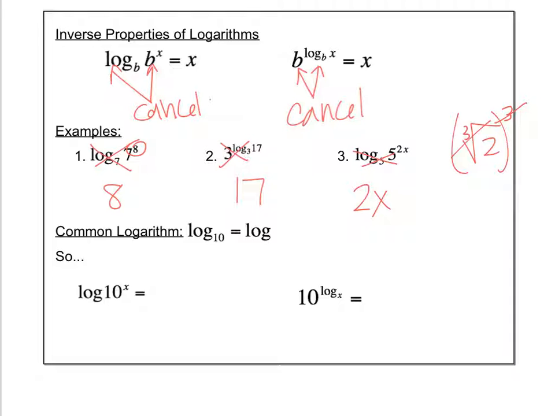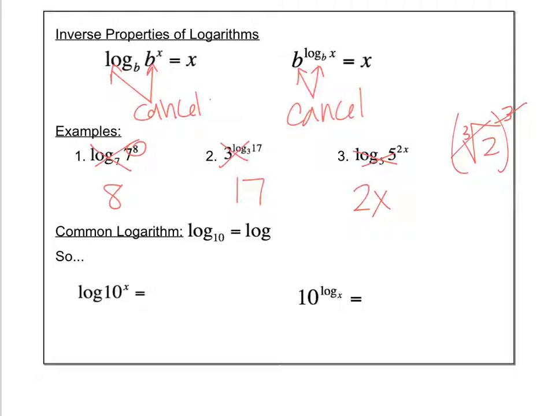All right, the next thing we're talking about is what's called the common logarithm. What you need to start to realize is that if you see the word log by itself, there's no base. Log without a base means there's actually an invisible 10. That's called the common logarithm. So if you don't see a number there, you can always put a 10 in. They'll give you a number or they won't give you a number.